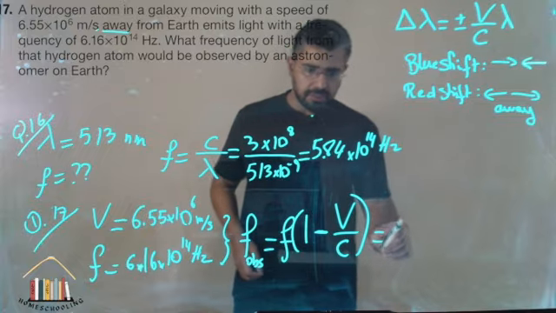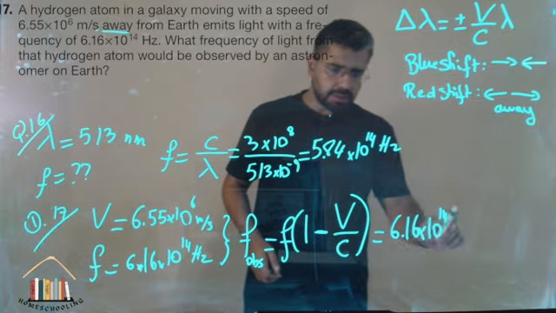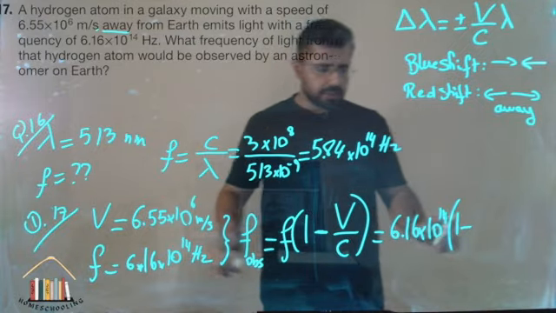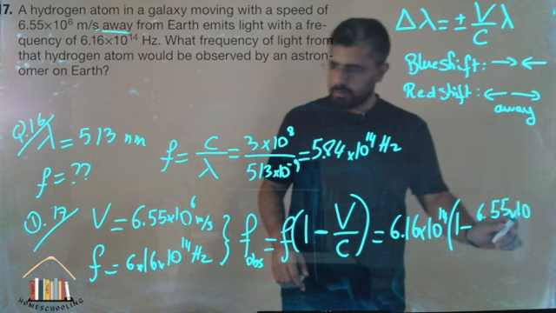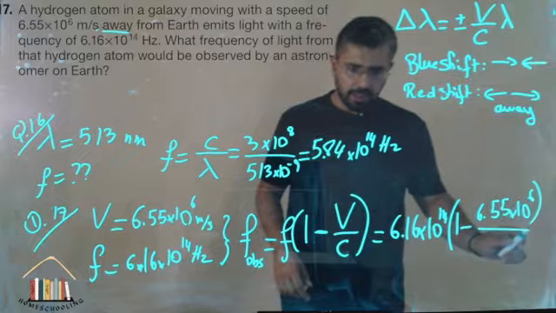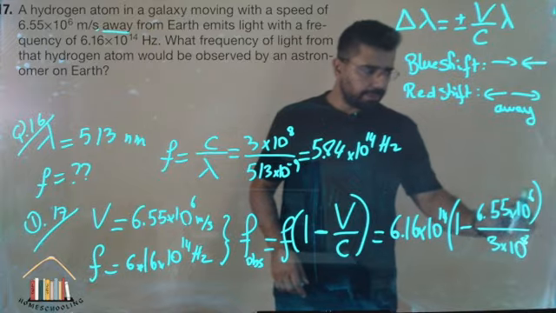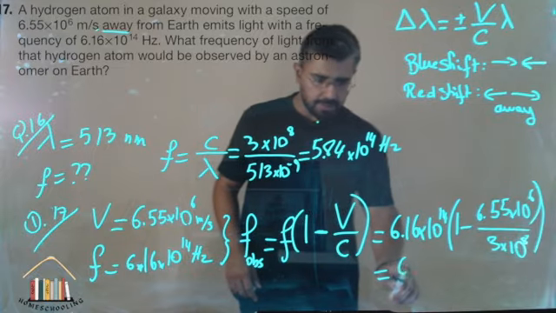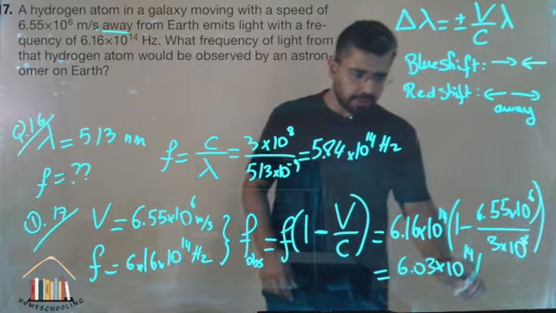The frequency is given, which is 6.16 by 10 power 14 hertz, multiplied by 1 minus the velocity, which is given as 6.55 by 10 power of 6, divided by 3 by 10 power of 8. The answer is equal to 6.03 by 10 power of 14 hertz.